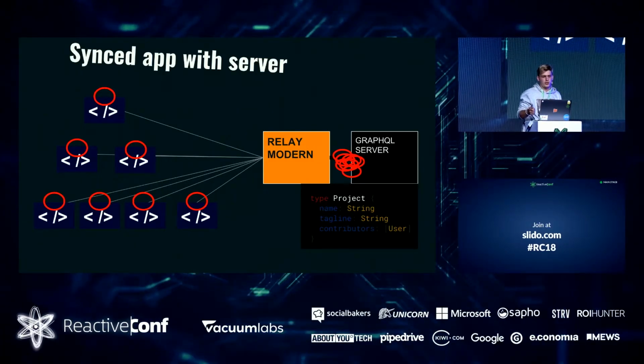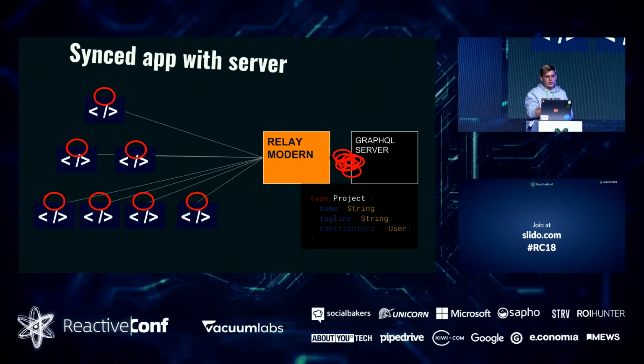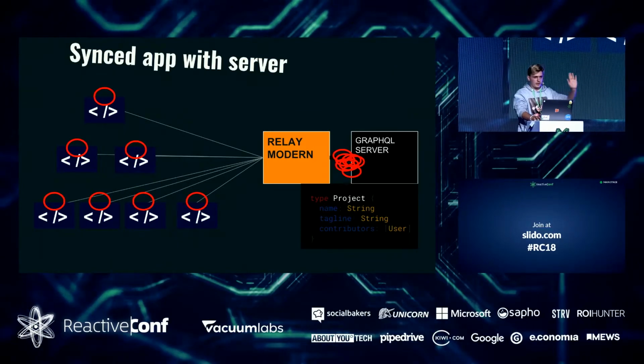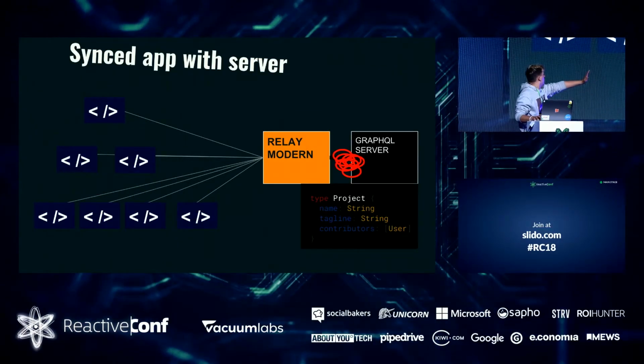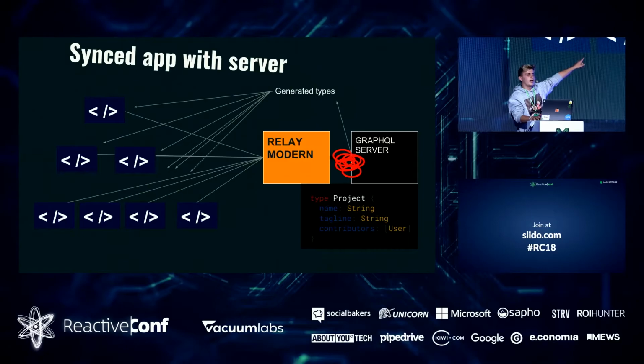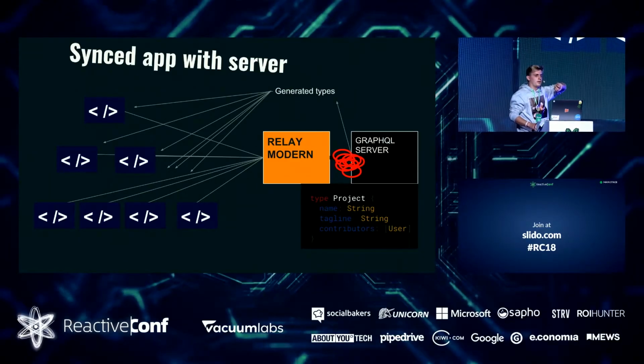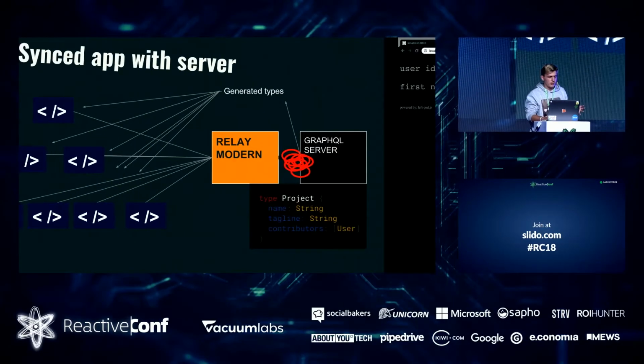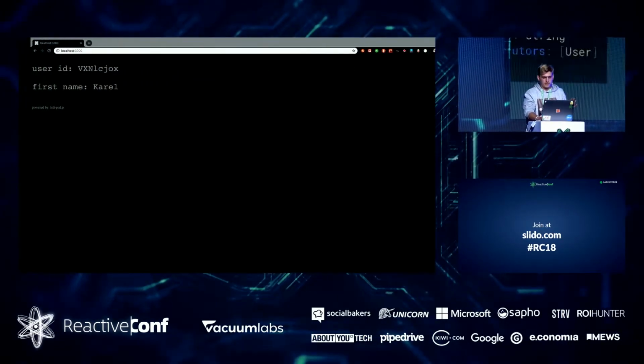If you ask GraphQL, hey, give me name, GraphQL knows that the name is a string. So you can define the schema on the backend and generate static types from the GraphQL schema. Maybe it looks kind of tricky and magic, but I have an awesome example.